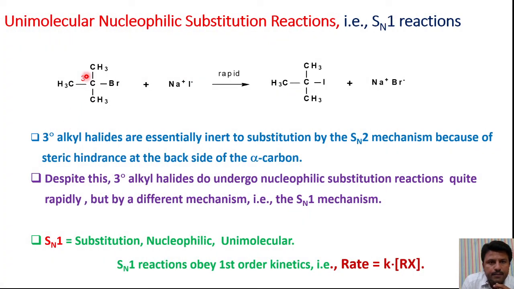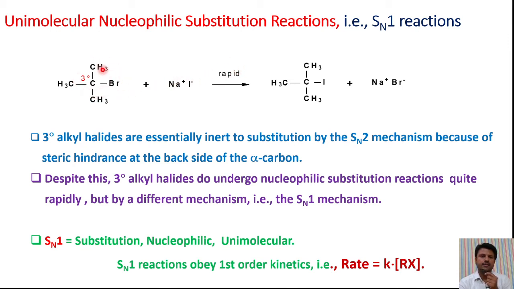Coming to unimolecular nucleophilic substitution reactions, that is SN1. Here again S stands for substitution, N for nucleophilic, 1 for unimolecular. Since tertiary alkyl halides do not undergo SN2 reactions, these alkyl halides readily undergo the SN1 mechanism.